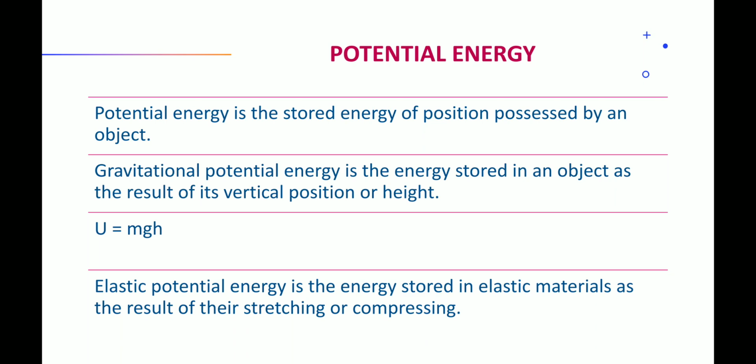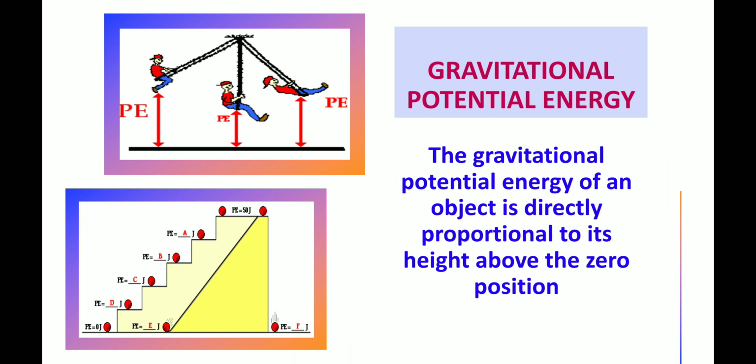Now next is potential energy. Potential energy has two forms: gravitational potential energy and elastic potential energy. In this particular chapter, we have concentrated only on gravitational potential energy. In the first figure, where the man is hanging with a rope, you can see different positions of this person.